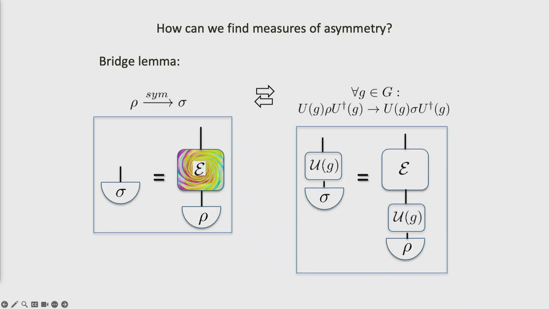The orbit of rho goes over to the orbit of sigma in the sense that the gth element in this orbit can go over to the corresponding element of the orbit of sigma by some single operation. So this operation E, one and the same operation, has to take every element of this orbit to the corresponding element of that orbit. Okay, so that's what this diagram represents.